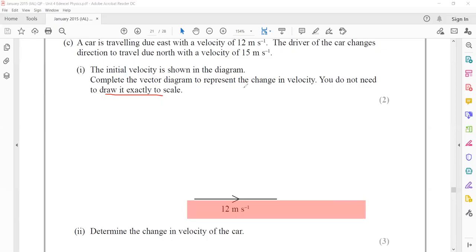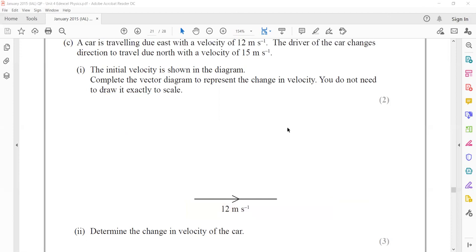For example, if this 12 meter per second, according to paper size, was 6 centimeter, you will have the scale that 6 centimeter is equal to 12 meter per second. Then 15 meter per second will be X centimeter. So you can identify what length should be there.